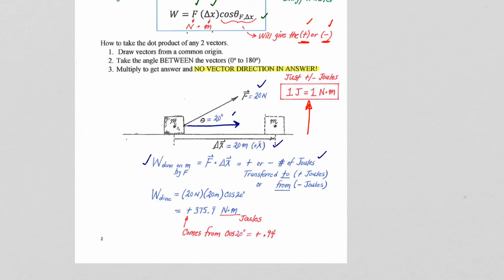The dot product gives us exactly what we need: F cosine theta, which we multiply by delta X. The cosine of 20 is plus 0.94, times 20 times 20 gives us 375.9 newton meters, which is joules, and it is positive. This means energy is being transferred to the object. This object is speeding up.